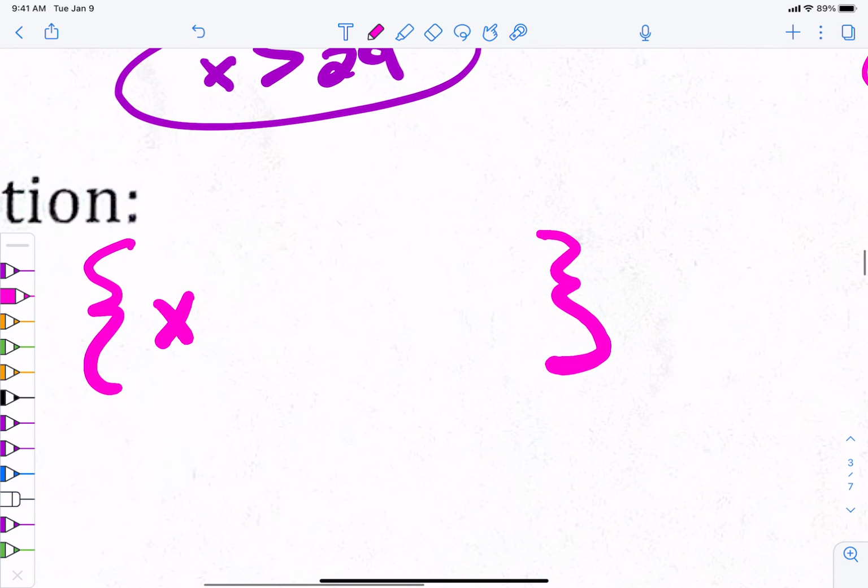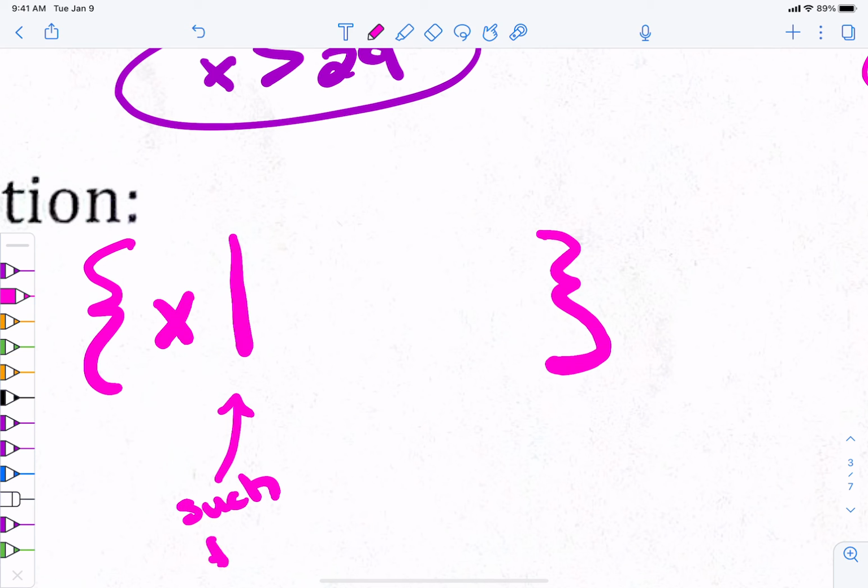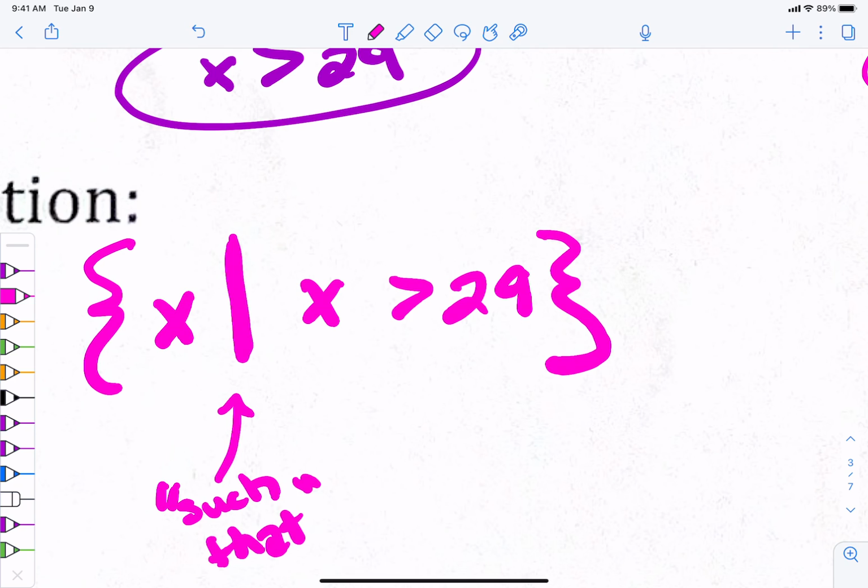And then we say only X's where X is greater than 29 work. So we say X such that, this means such that, it's like a straight up and down line. X such that X has to be greater than 29. That's how you put it in set builder notation.